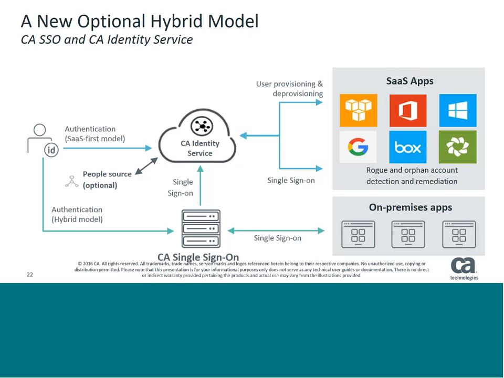And there are a set of use cases that primarily fall into the federation space, where integration between CASSO on-premise and CA Identity Service are interesting and potentially valuable to organizations who are looking at a hybrid kind of model. Now, this is completely optional.